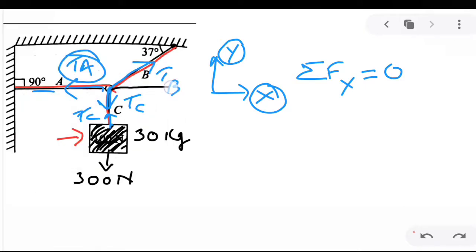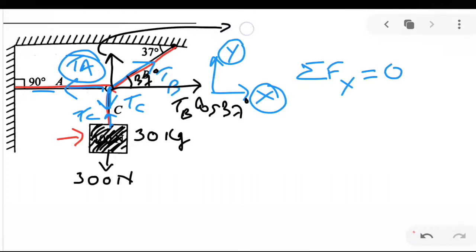If we take this as the horizontal direction, this angle will be 37 degrees. So this horizontal component of TB will be TB cos 37 degrees, and this vertical component will be TB sin 37 degrees.